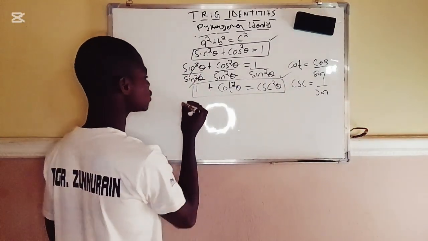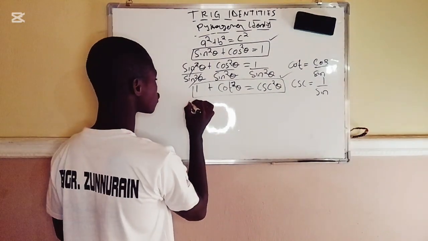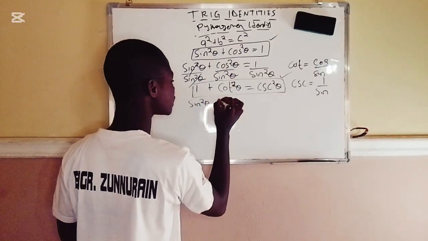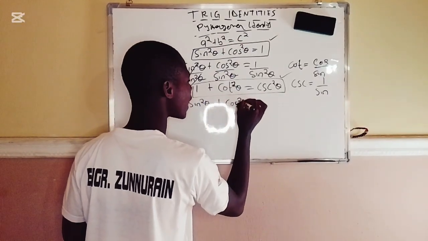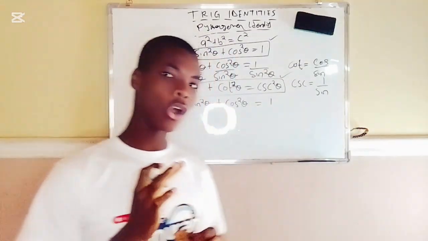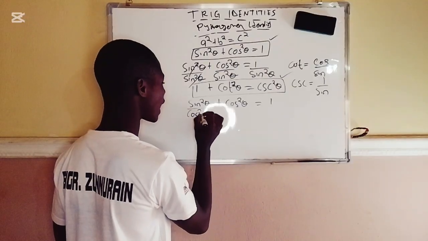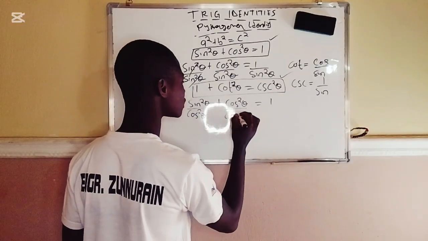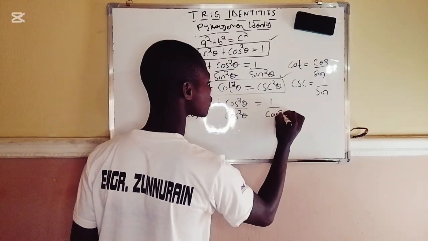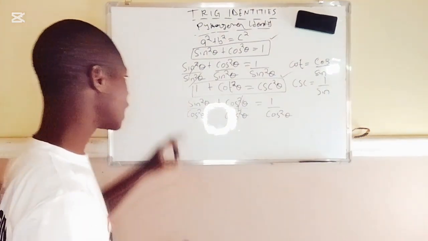So let me show a way that I can prove another formula. Sine square theta, again write it down, plus cos square theta, equals 1. Let me divide both sides by cos square theta. Cos square theta cancels cos square theta.